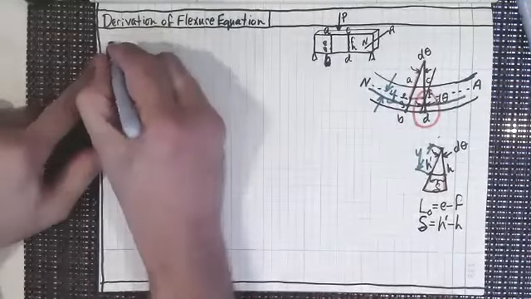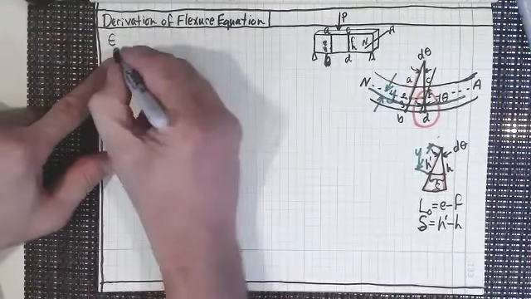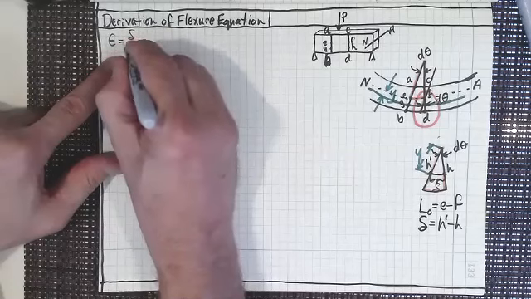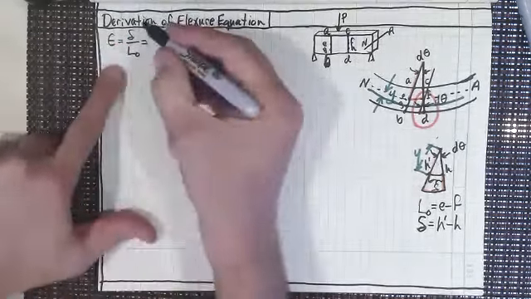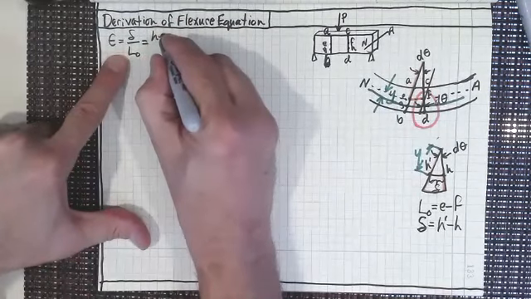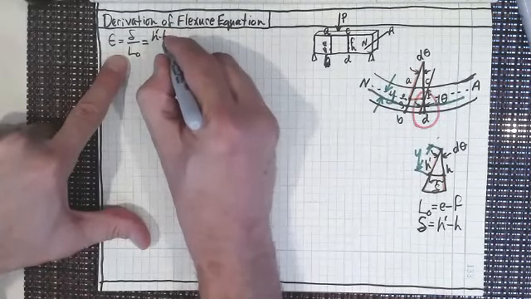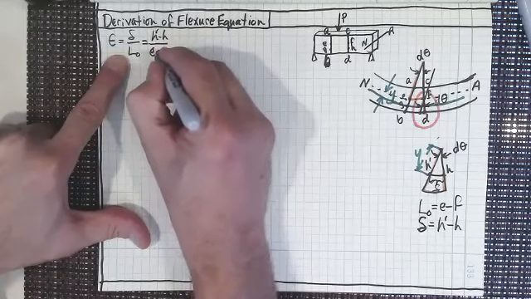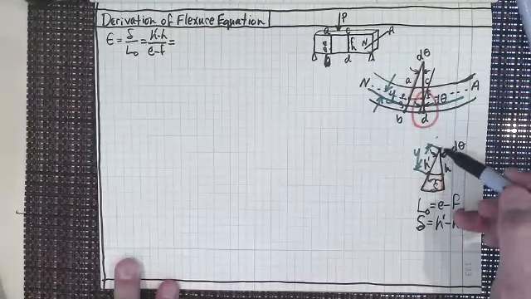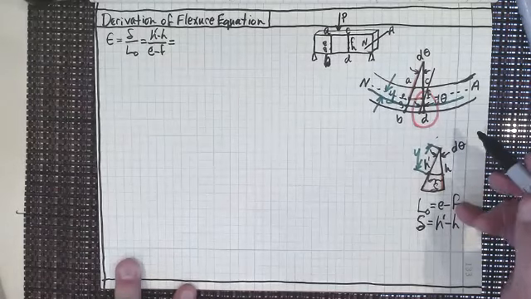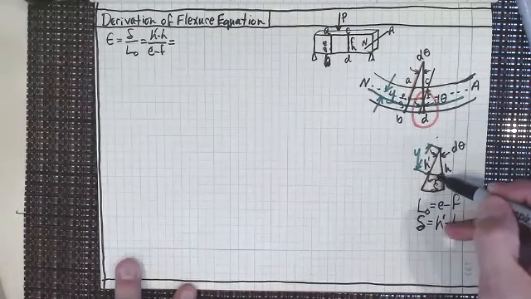So let's look at the strain. We know that the strain is the extension over the original length. So it's going to be H prime to H over E to F. If we look at H prime to H, this distance right here, what is that?